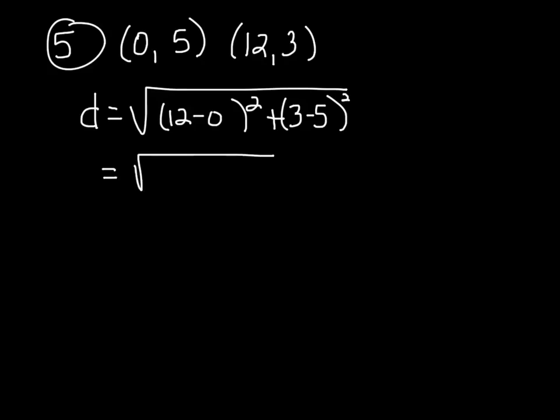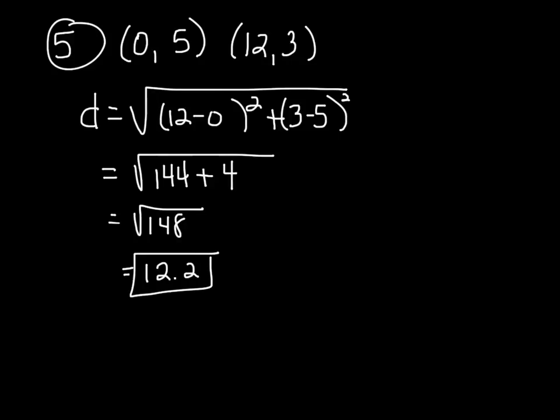And you can skip steps in here. 12 minus 0 is just 12. 12 squared is 144. 3 minus 5 is negative 2. Negative 2 times negative 2 is going to give me 4. So that's going to be the square root of 148. And the square root of 148, rounded to the nearest tenth, is 12.2.